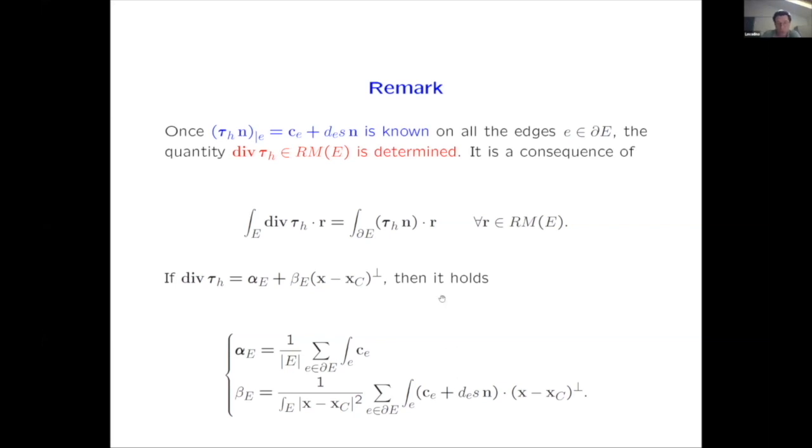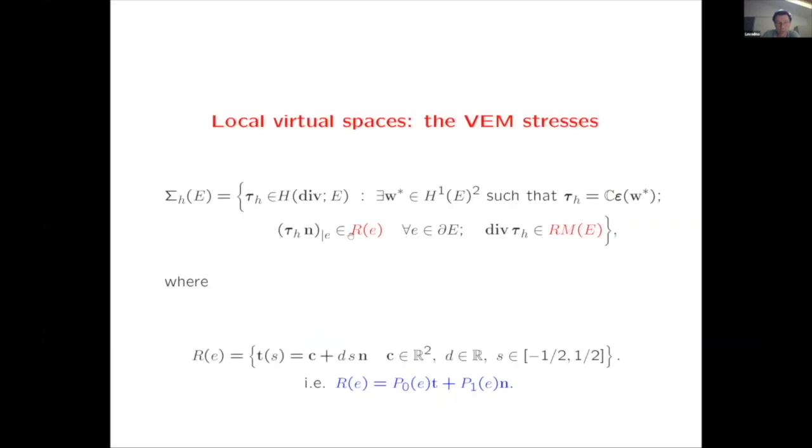So of course this has a consequence, and the consequence is that in this space, this fact does not contribute to the dimension of the space. Put in other words, the dimension of this space is given by 3 times the number of edges of your polygon, and it is dictated exactly by the boundary values of the normal part of the stresses.